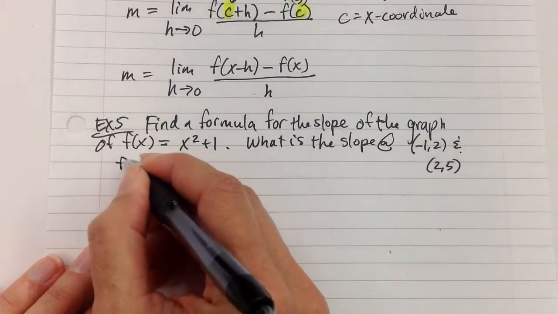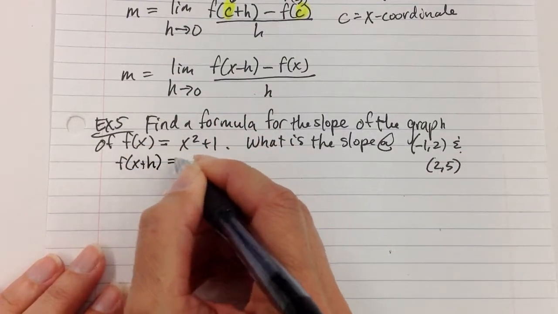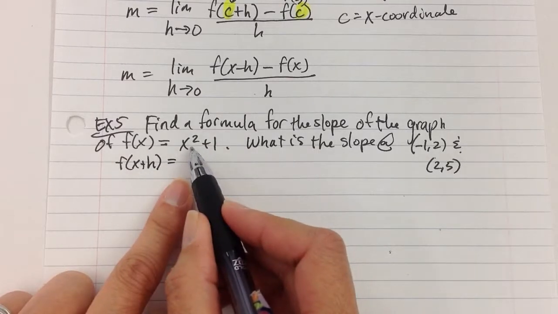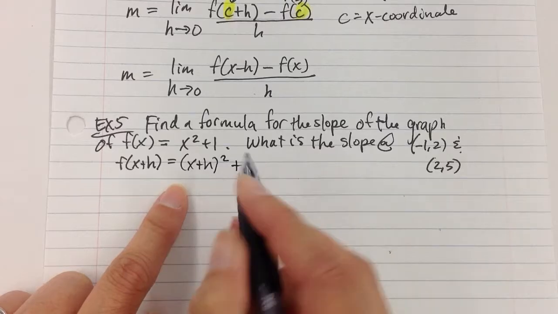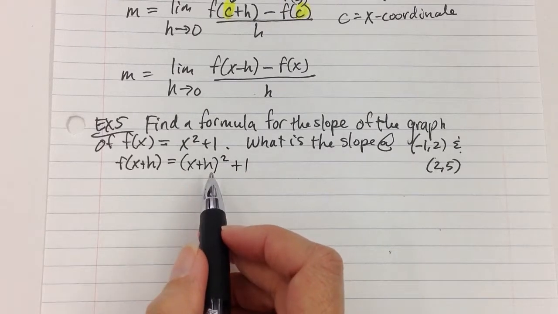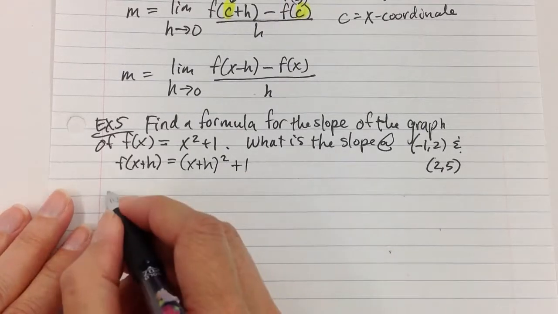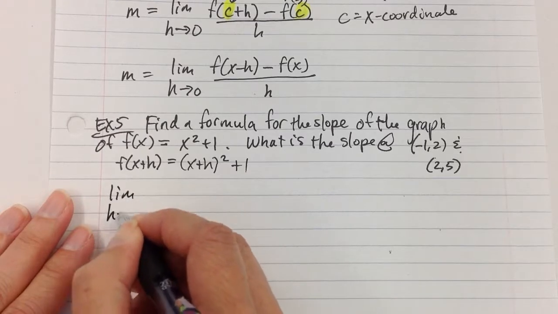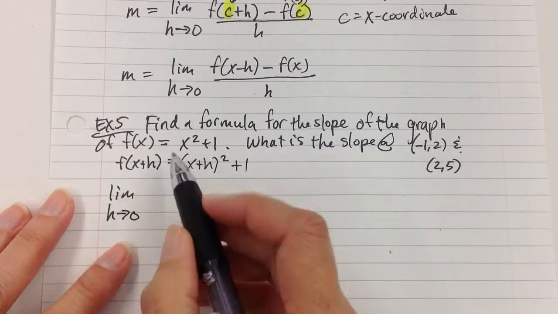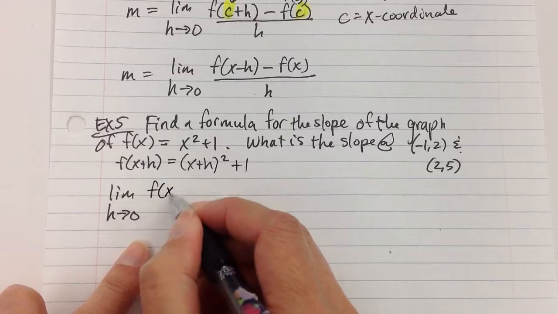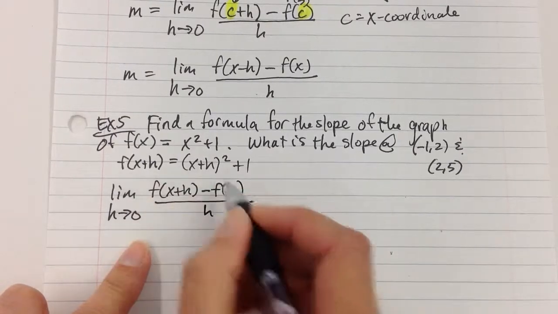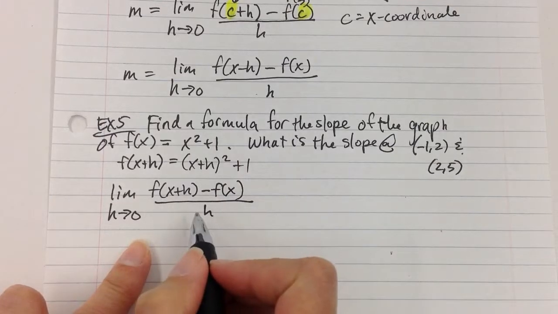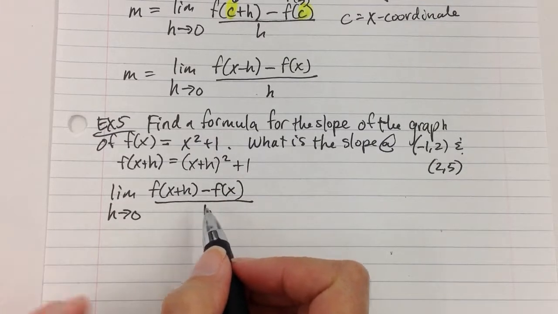So let's write what our f of x plus h is. F of x plus h, instead of x squared, I'm going to put x plus h squared plus 1. You're going to do this a lot, x plus h squared a lot, okay? And let's do our limit. The limit as h approaches 0 of f of x plus h minus f of x all over h. And you should be getting to know this by heart. You're going to write this so much on your homework, so you're going to know it by heart.